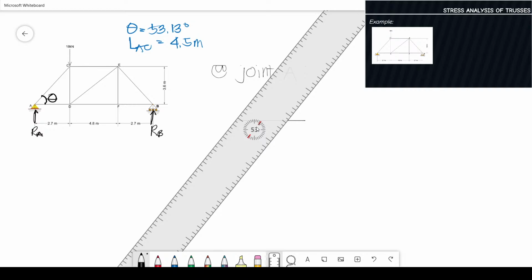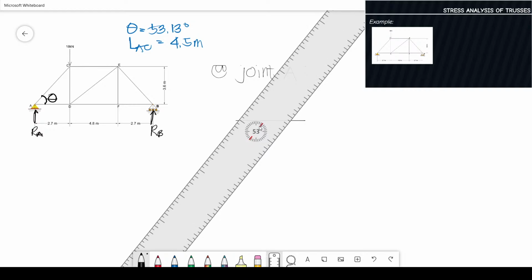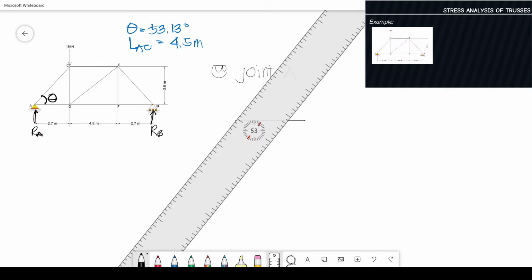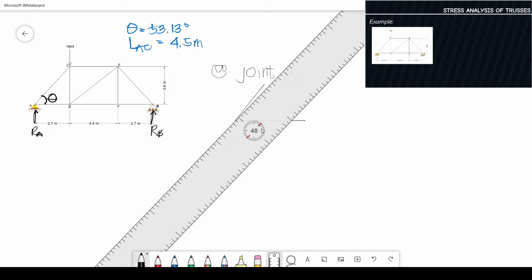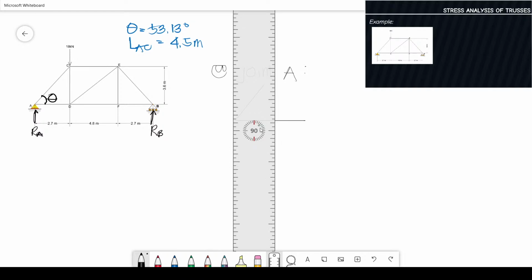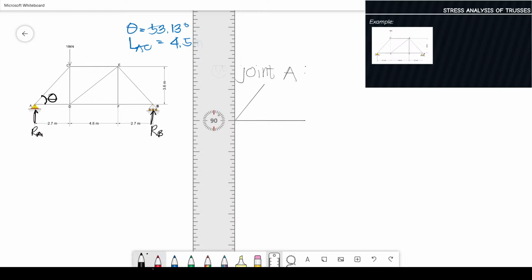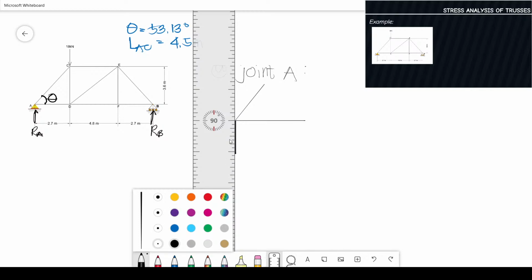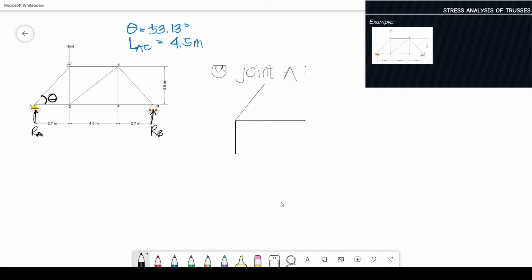Alright. So, this is our action. Okay, so this is joint A, colorful. This is A.